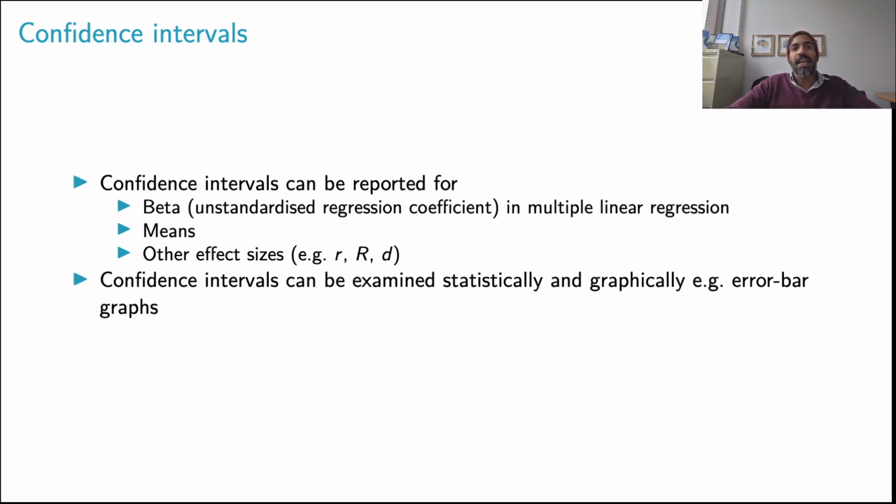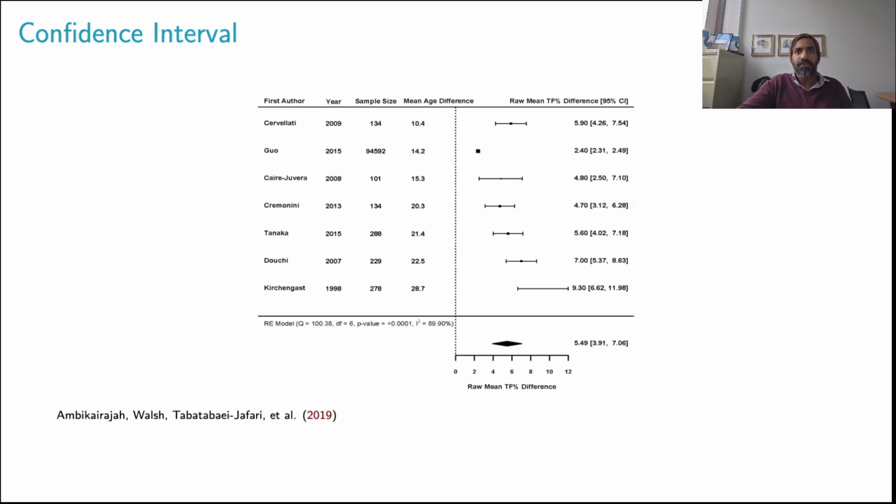Now, confidence intervals can be reported for beta unstandardized regression coefficients in multiple linear regression. They can be reported for means and also other effect sizes. So they could be used for a whole wide range of effect sizes and can be examined statistically and graphically using error bar graphs. You may see this in plots with error bar graphs, and if the confidence intervals do not overlap, it gives you a quick visual that the difference between those groups is likely statistically significant.